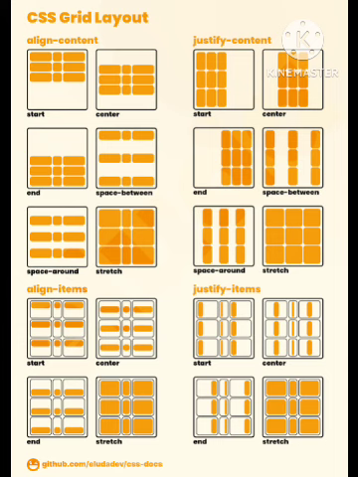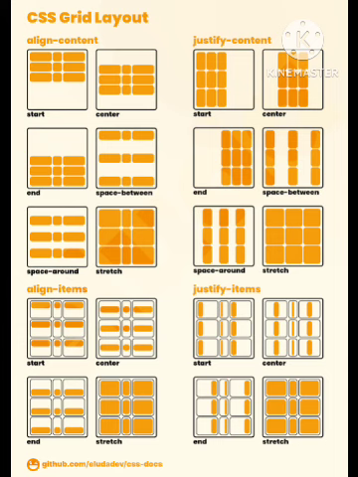In the same way, in flex we had align self for writing styles for a particular div, right? But we don't have justify self in flex because flex items are not placed inside any cell or grid. Here in grid we have both justify self and align self.